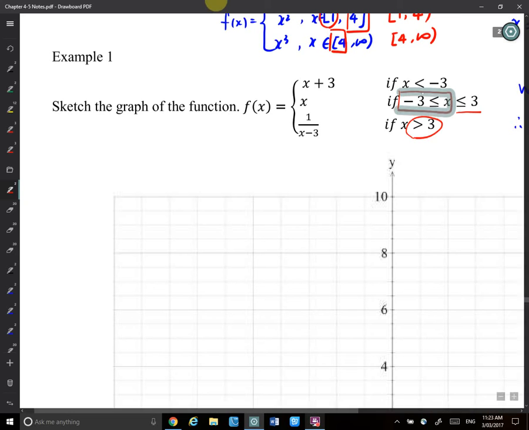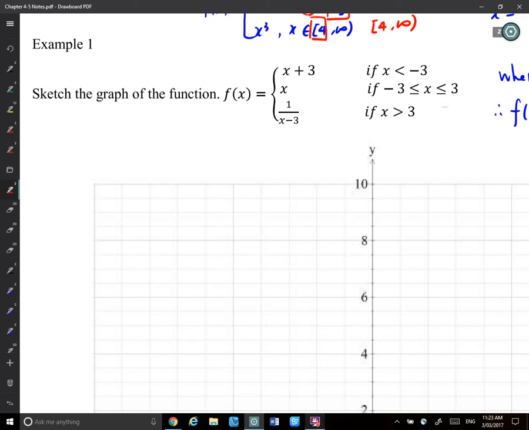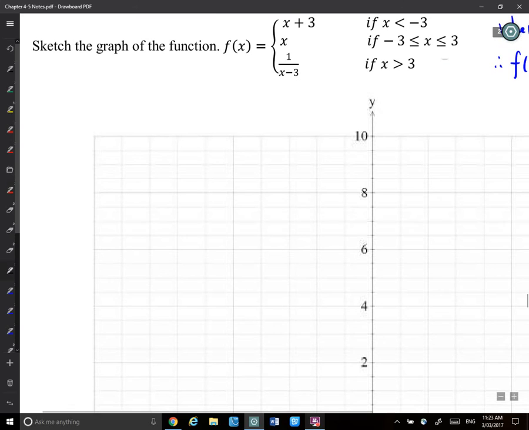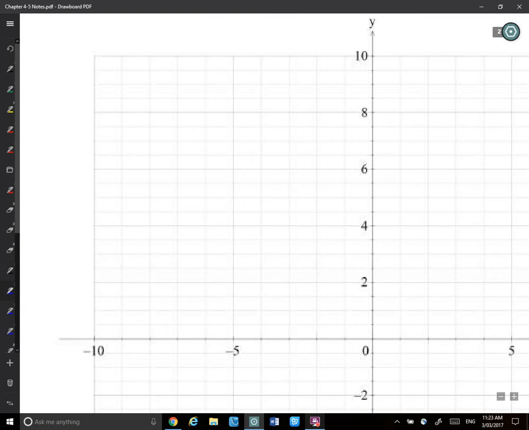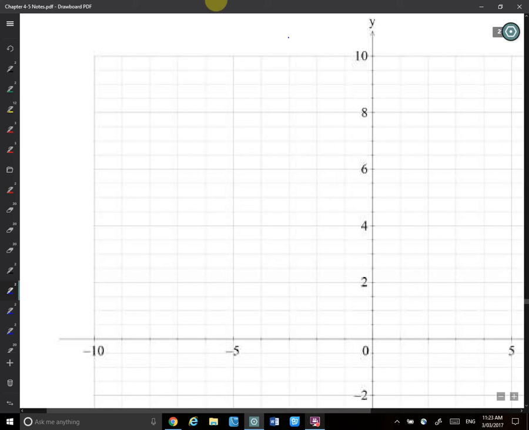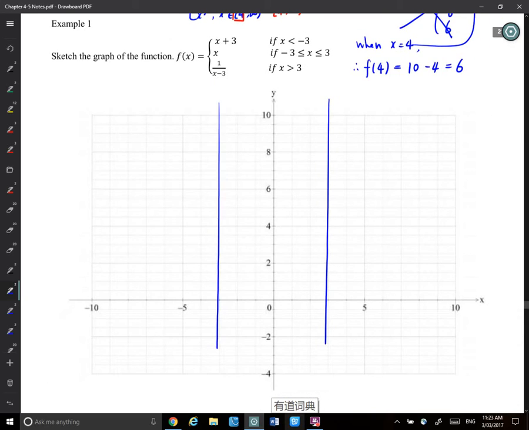Next, I'm going to sketch that. How am I going to sketch it? You can see the separation points are -3 and 3. -3 and 3 separate your graph into 3 sections. You don't need to do this, but just to show you how it works and make it clearer, I will sketch a line at 3, and a line at -3.